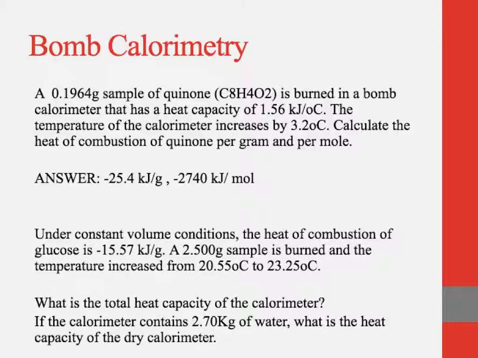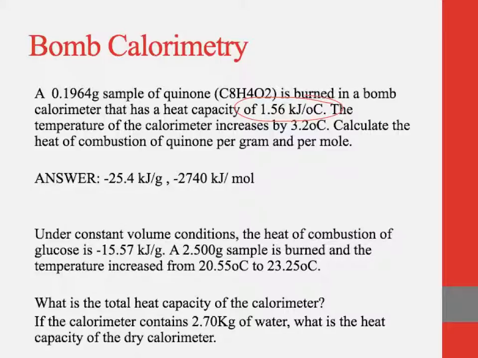0.1964 grams of quinine is burned in a bomb calorimeter that has a heat capacity of 1.56. The temperature of the calorimeter increases by 3.2. Calculate the heat of combustion. So this is a little bit easier because they gave us a lot of the information that we need. We know that the heat capacity of the calorimeter is 1.56.